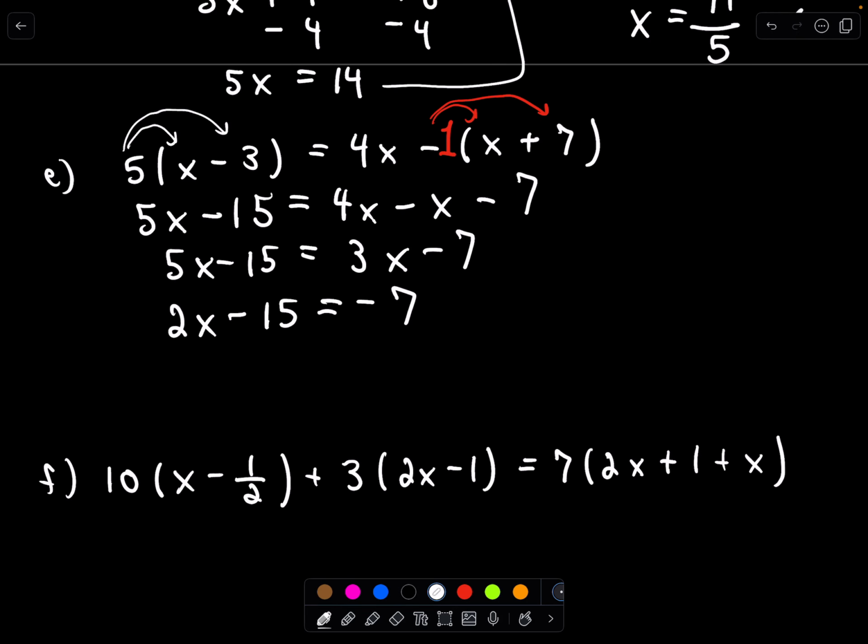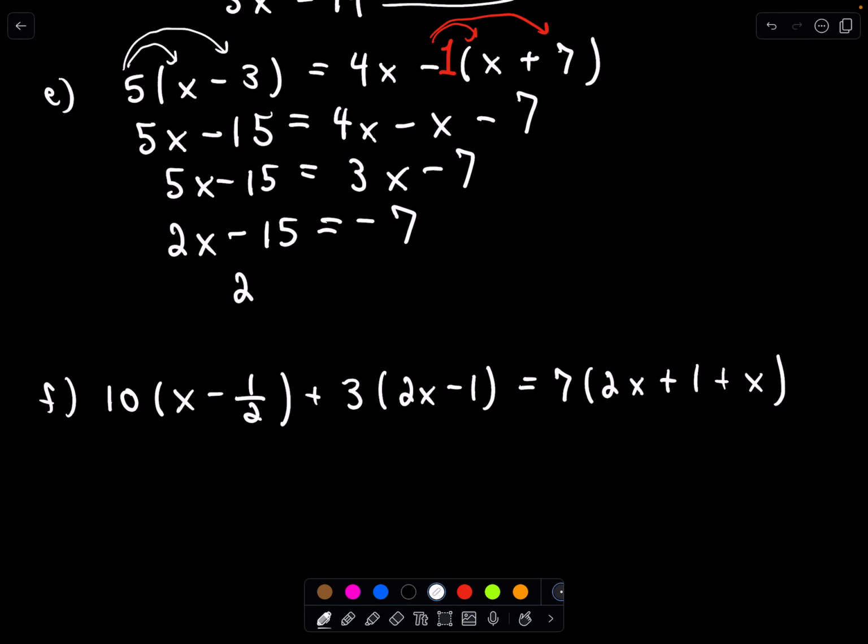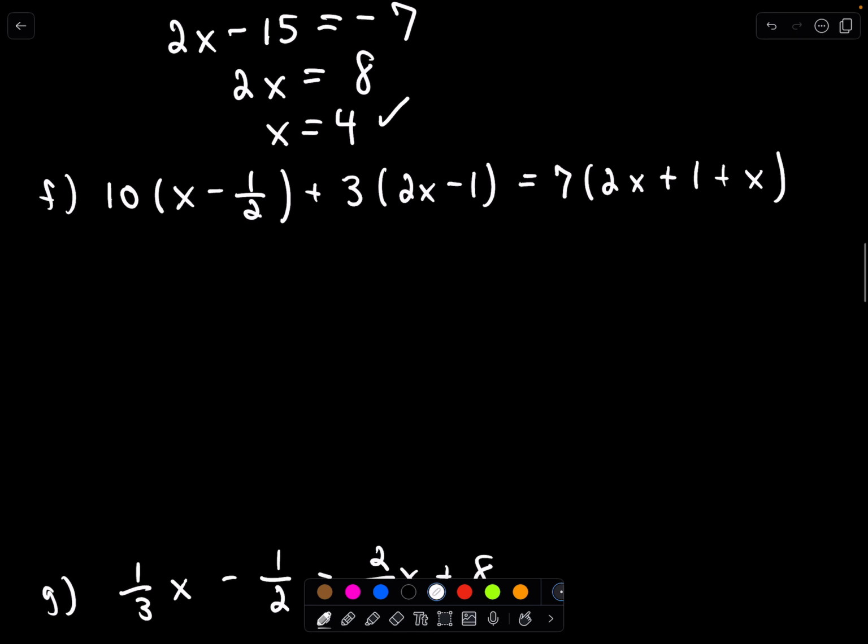Now, next, I'm going to add 15 to both sides. So that's 2x. So let's see, negative 7 plus 15. I think that's going to give me positive 8 if I add 15 to both sides. And now I can divide both sides by 2, and that will give me my solution of x equals 4.